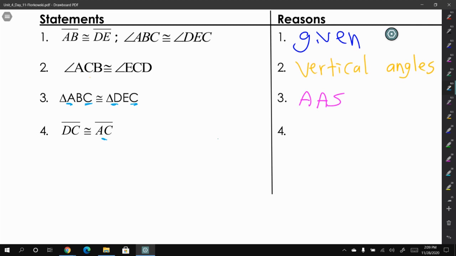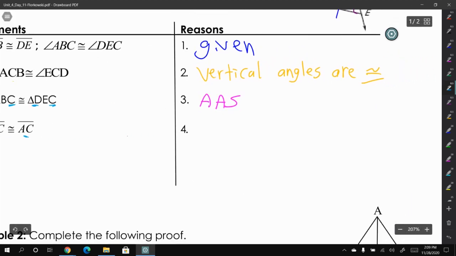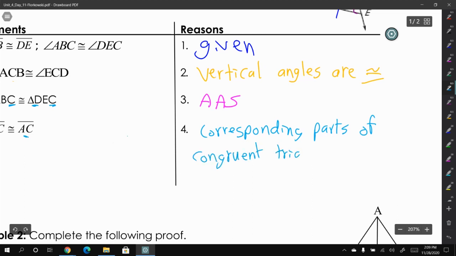So you can see that those are corresponding parts. So the reason that we can say that those 2 segments are congruent is because the corresponding parts of congruent triangles are congruent.